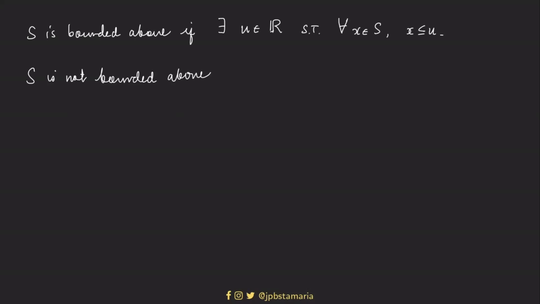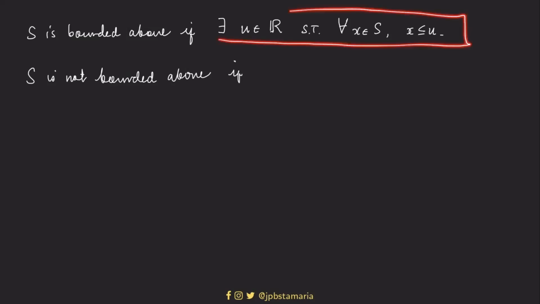Kasi ang tinitignan natin dito, paano mo i-justify na hindi bounded above ang isang set? Paano mo i-negate yung statement na ito sa logic? Paano mag-negate ng there exists? Ang negation niyan ganito, di ba?